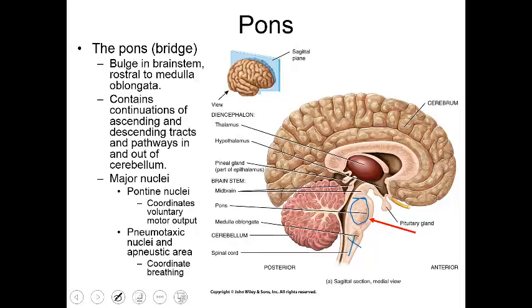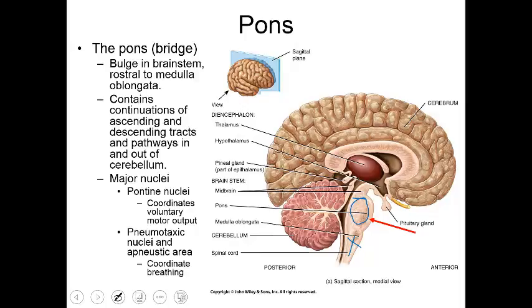So this is like a highway. It contains ascending and descending tracts. You have nuclei in this region as well, and they are referred to as pontine nuclei, and they control voluntary motor output. So the effector organs in this case are your skeletal muscles.